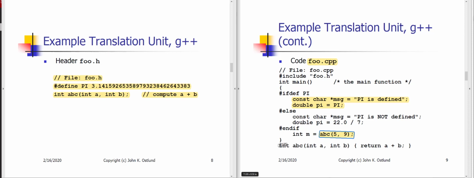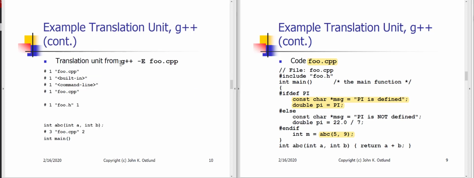Okay, so let's see now what actually happens when we compile the foo.cpp file and the preprocessor processes that file. Here's the output that we get from the GNU C++ compiler, and I've used the -E option to say that I do want to see the translation unit produced by the preprocessor processing through that foo.cpp file.